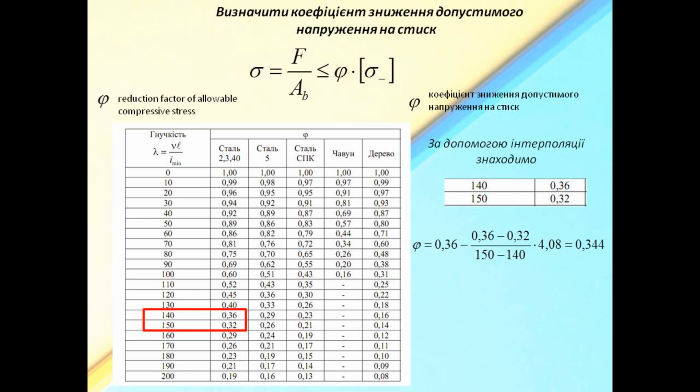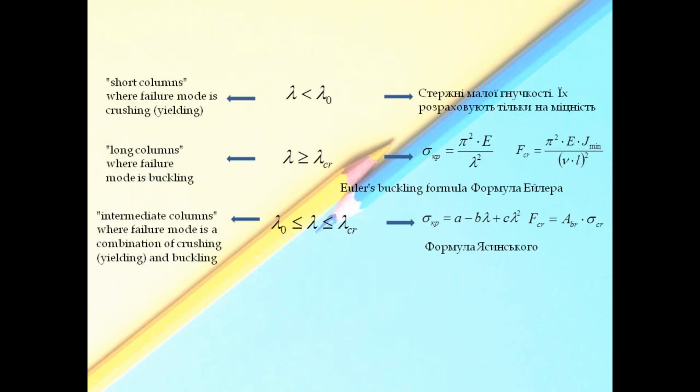In this case, remember that you have to rewrite the formula of the allowable stress, and you have to use a reduction factor of allowable compressive stress. In conclusion, when we talk about column buckling, we have several ways to solve this problem, and our choice of formula depends on the material stiffness and slenderness.